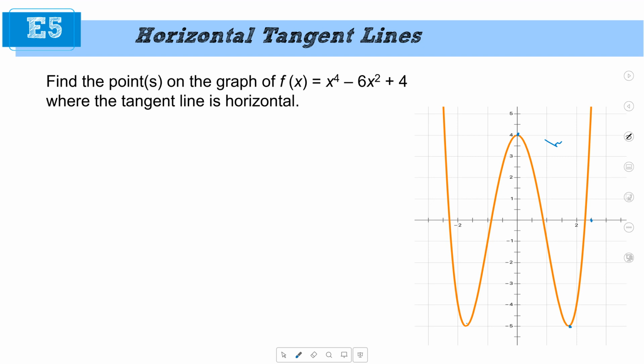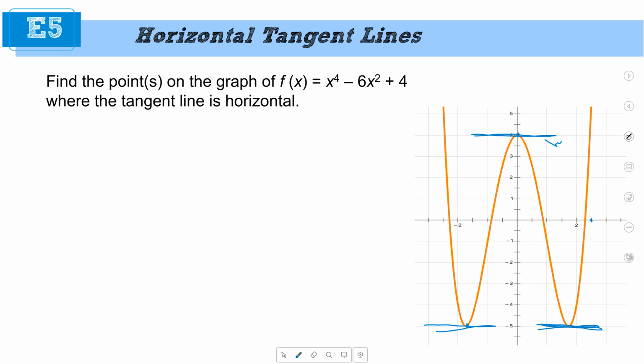Three? You're going with 3. Do we agree? Looking at the picture, I would agree. We'd have one tangent line there, one there, and one there, with a slope of 0. So how do we find them?